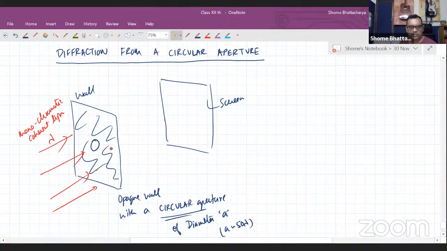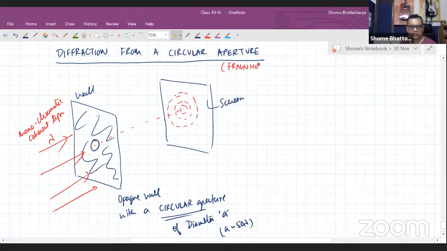Okay. So what we see on the screen as a result of this kind of situation is diffraction rings. Okay. So this is called Fraunhofer diffraction. This experiment is called Fraunhofer.